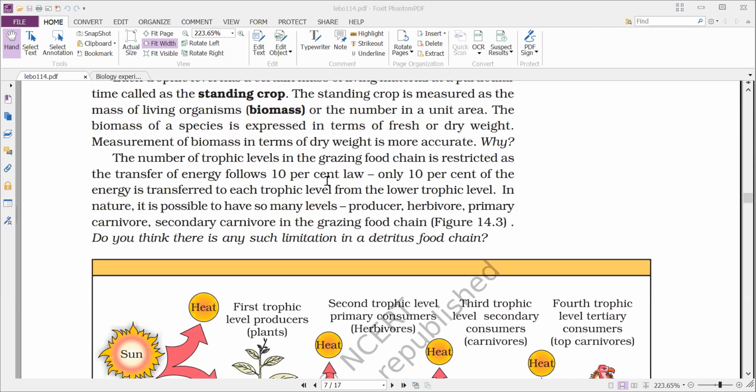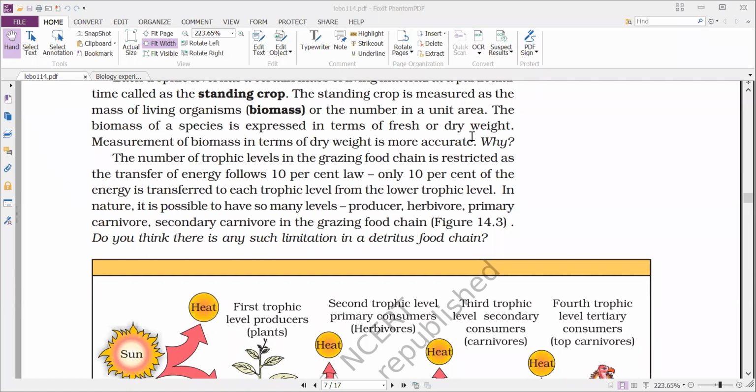A herbivore will not eat the total plant. It will eat either seeds or fruits or stem or root or leaf, but not all together.